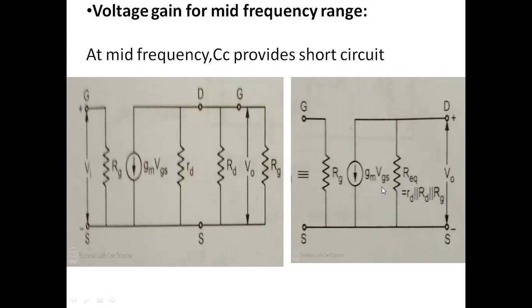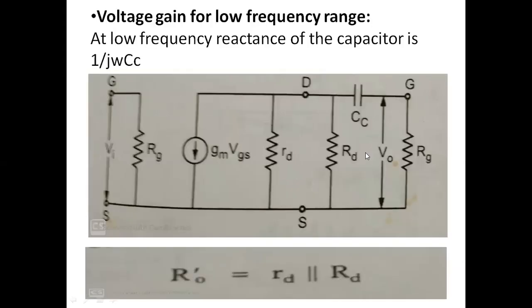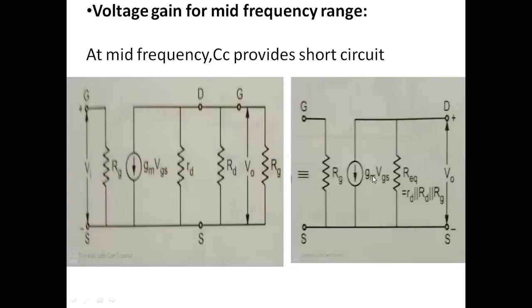From this circuit, we are finding the output voltage. So what is the equivalent circuit? Already in the previous class, we have seen that whenever we take a current source in parallel with a resistance, then in order to find the voltage gain, the Norton circuit will be converted to Thevenin's equivalent circuit.